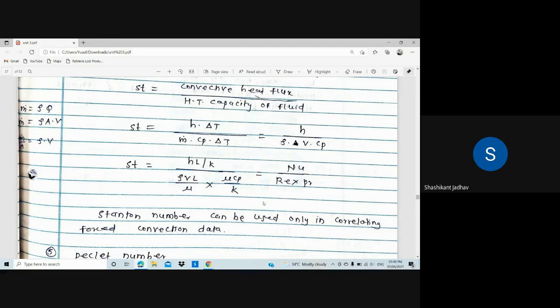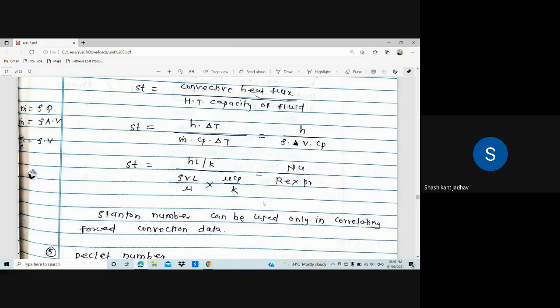So what is the equation for the convective heat flux? That is H into delta T, because our equation is H into A into delta T, but this is the heat flux. Heat flux is nothing but rate of heat transfer per unit area, so area will be cancelled.